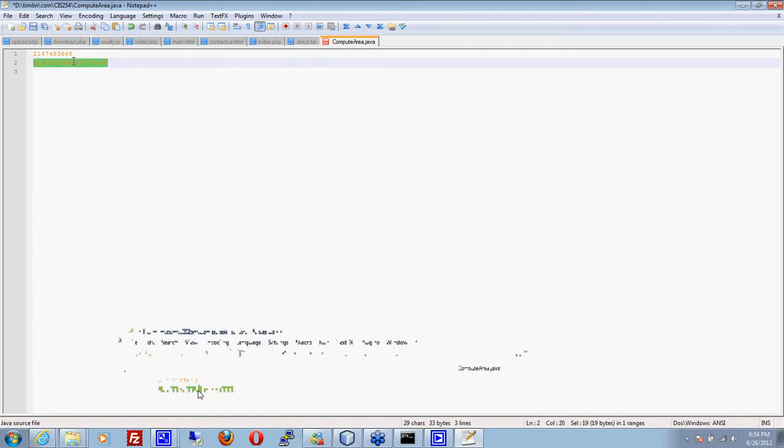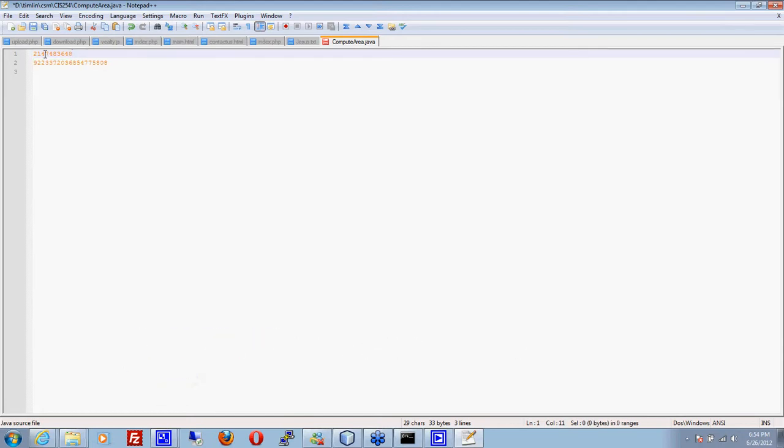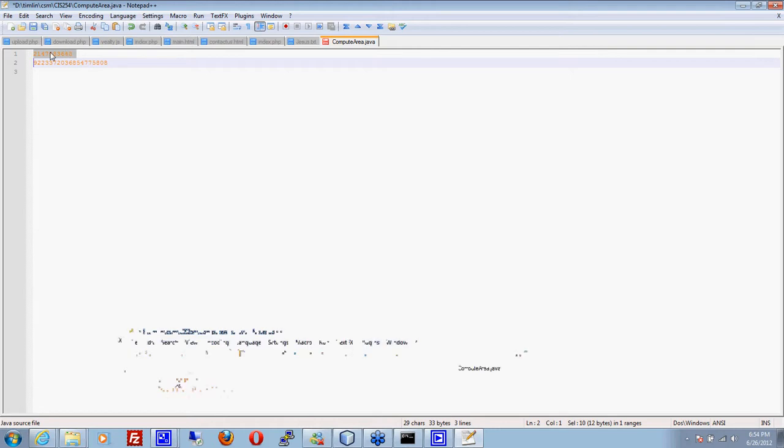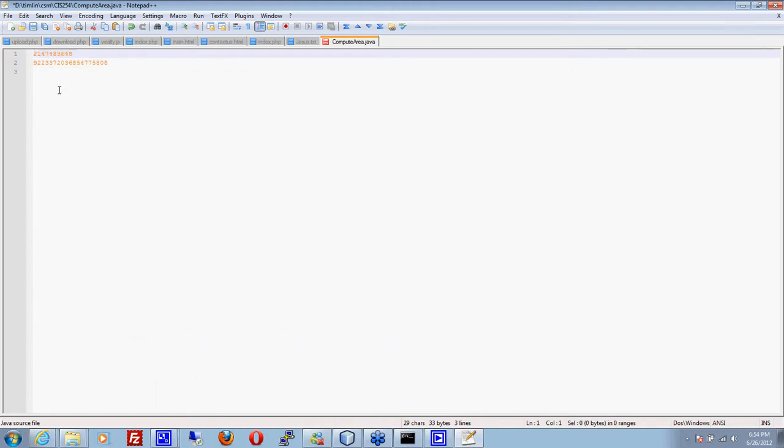This is the maximum value, or excuse me, it's plus or minus that, and it looks like that's, if that's 2 billion, that would be 20 billion, 200 billion, 2 trillion, 20 trillion, 200 trillion.